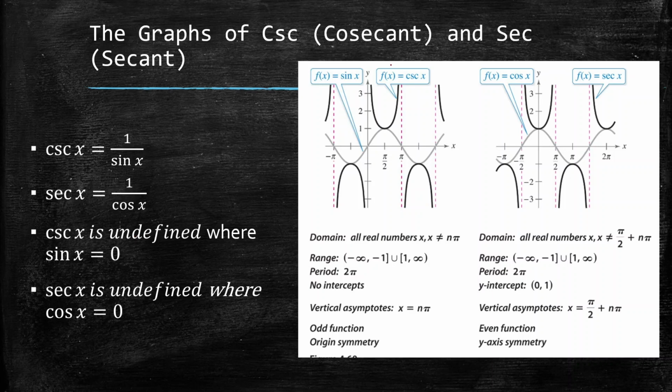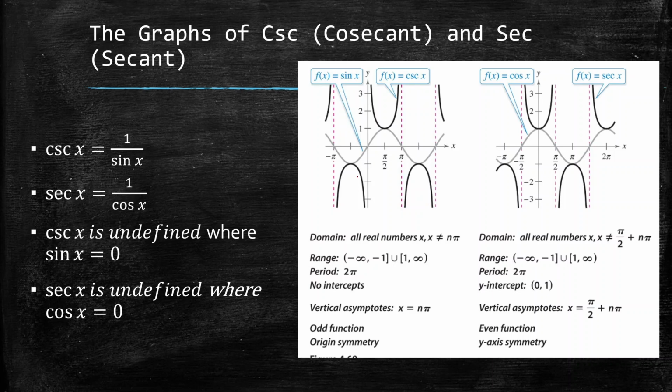So for the cosecant function first here, your range is from negative infinity to negative 1, in union with 1 to infinity. Now, this is for the parent function, right? If a is going to change, that's a possibility.